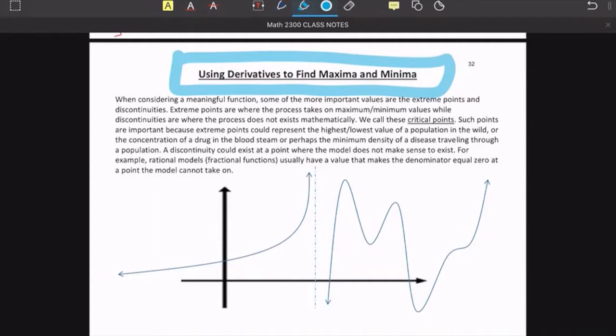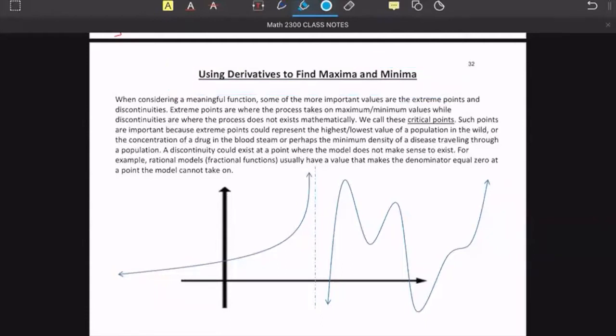We might want to know, where's the biggest point? When is there the most number of sick people? When is the population going to be at the highest? Or the flip side of that is the low points. When's the population going to go down? When are we going to get rid of coronavirus? When is that low point going to happen? And so that involves finding max and mins.